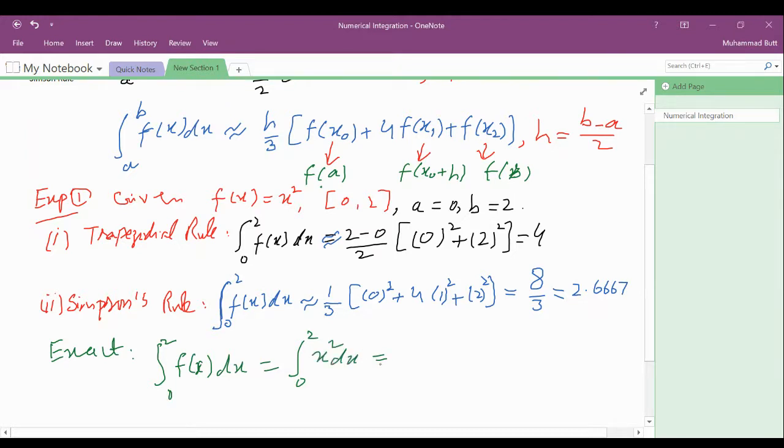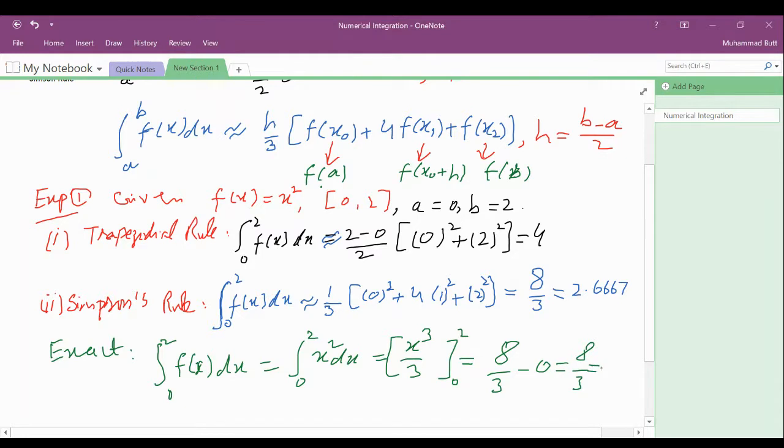Now what is the integration of x square? X power 3 over 3, from the limit 0 to 2. You plug in 2, it will be 2 power 3, which is 8. So 8 over 3 minus 0, which is equal to 8 over 3.